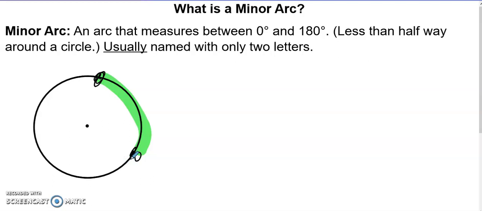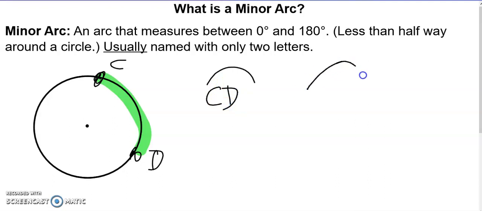So if we call this point C and point D, this would be called arc CD. Notice I didn't draw a straight line, I drew a curve. We could also call it arc DC because order doesn't matter. We just say where it starts and where it ends. That's a minor arc because it's less than 180 degrees. It's less than half the circle.